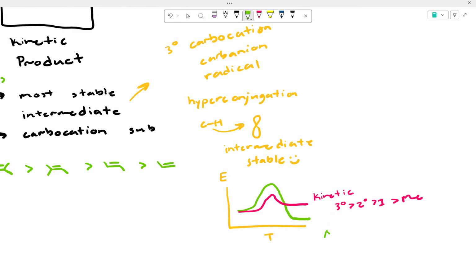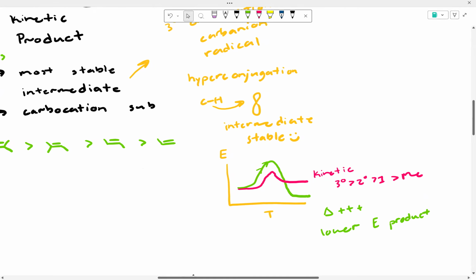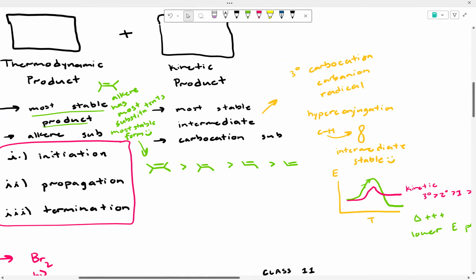If we have a lot of heat, then the thermodynamic product is going to be favored because we have enough energy to go over this barrier and reach the lower energy product. I hope that makes sense.